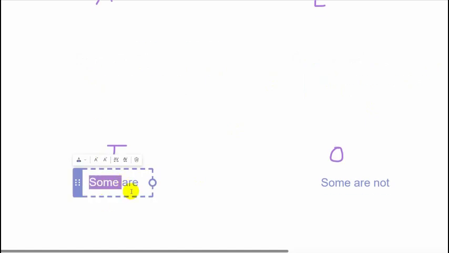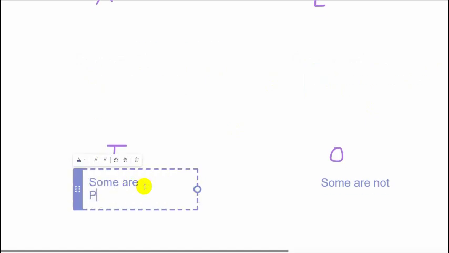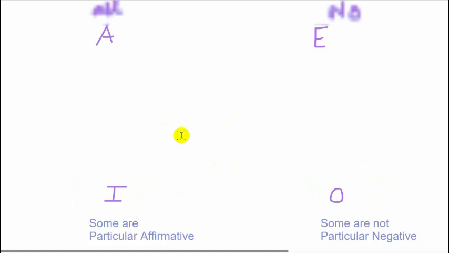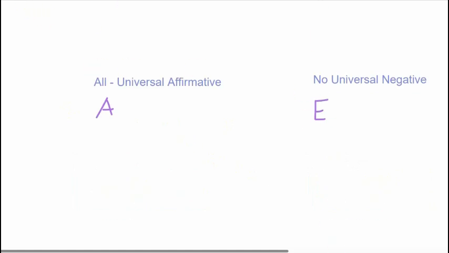I is particular affirmative, and this is particular negative. Alright, so now all, universal affirmative, is one proposition, no, universal negative, is another proposition.